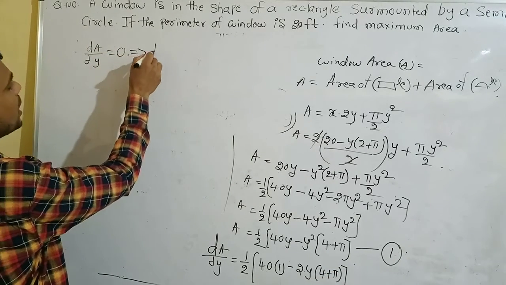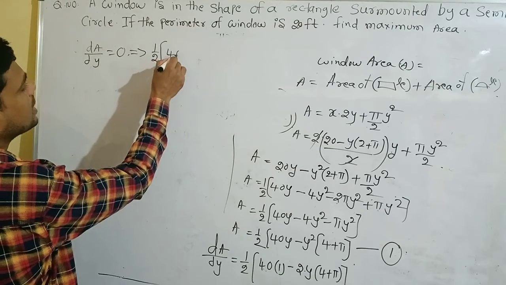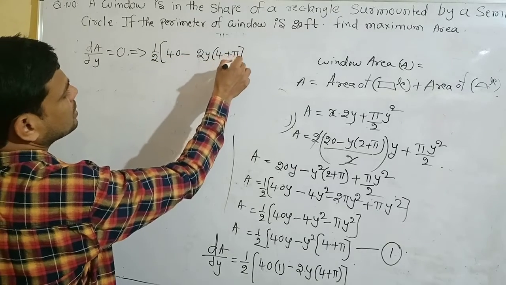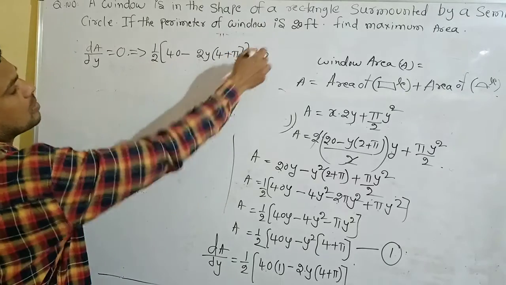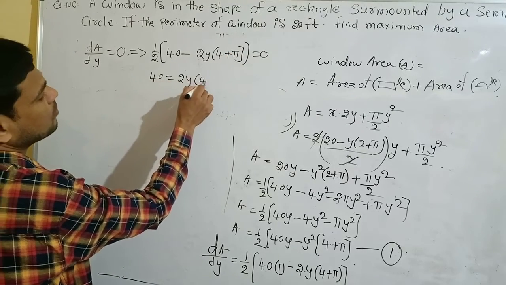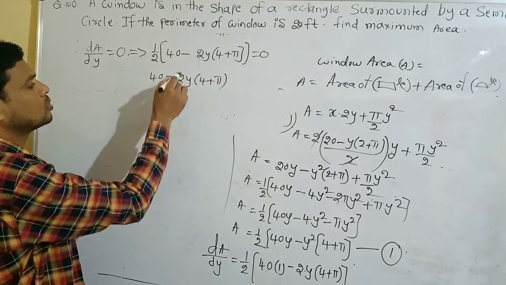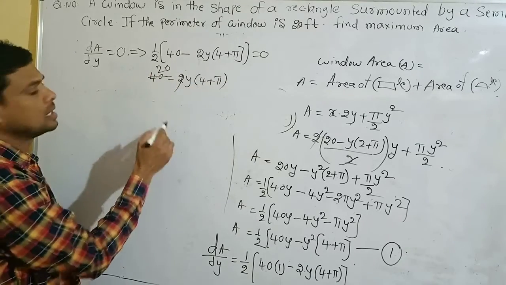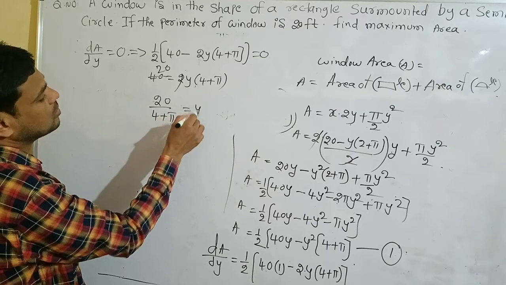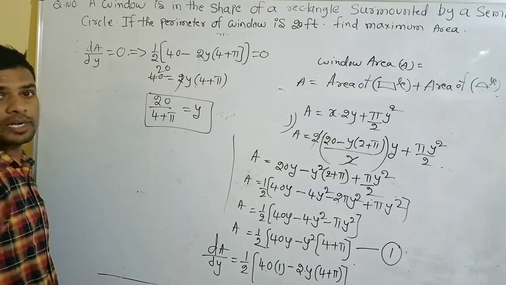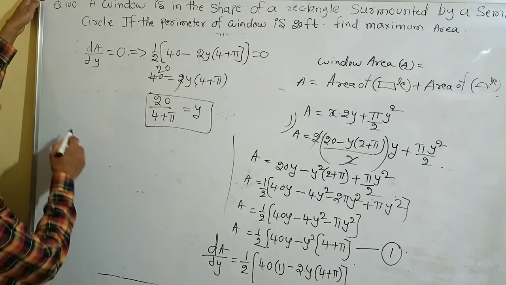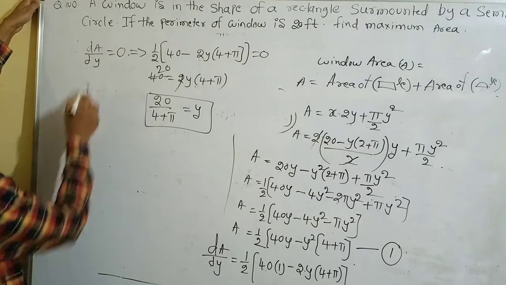That implies 1 by 2 of 40 minus 2y(4 plus pi) equal to 0. 40 equal to 2y(4 plus pi). 2 ones are 2, 2 20s are 40. Here y equal to 20 by (4 plus pi). Y value, got it.